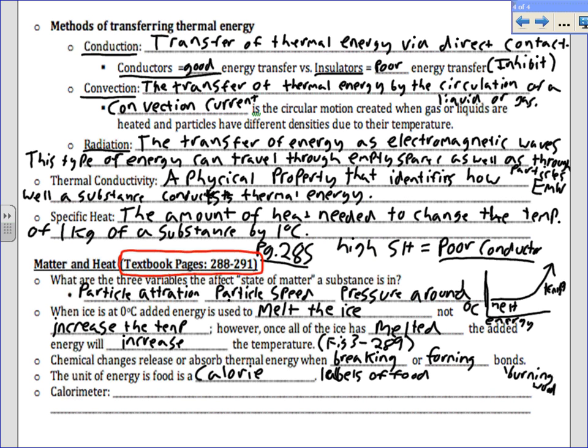And a calorimeter is a device that measures energy changes by measuring heat.